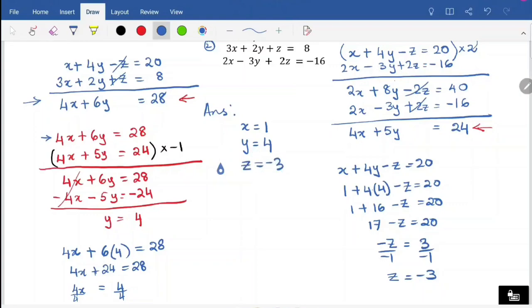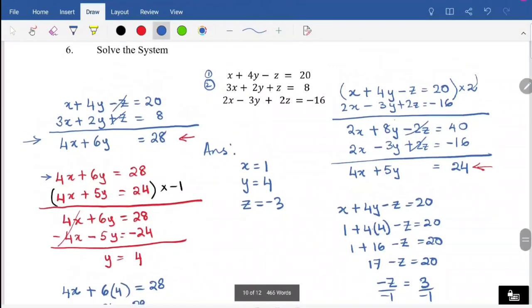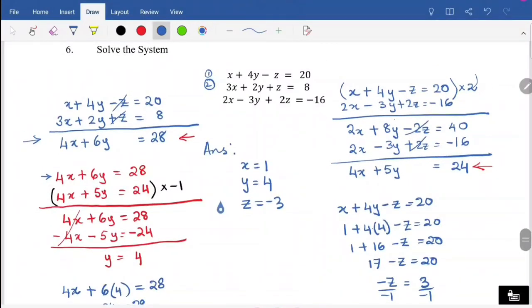Now the last part, I will leave it to you, but you must do that. You cannot just stop here. Just plug in these values of x, y, and z that you found and cross-check, verify that they satisfy all these equations. So you're going to plug in 1 for x, 4 for y, and -3 for z in each of these equations and make sure that the equations are satisfied.